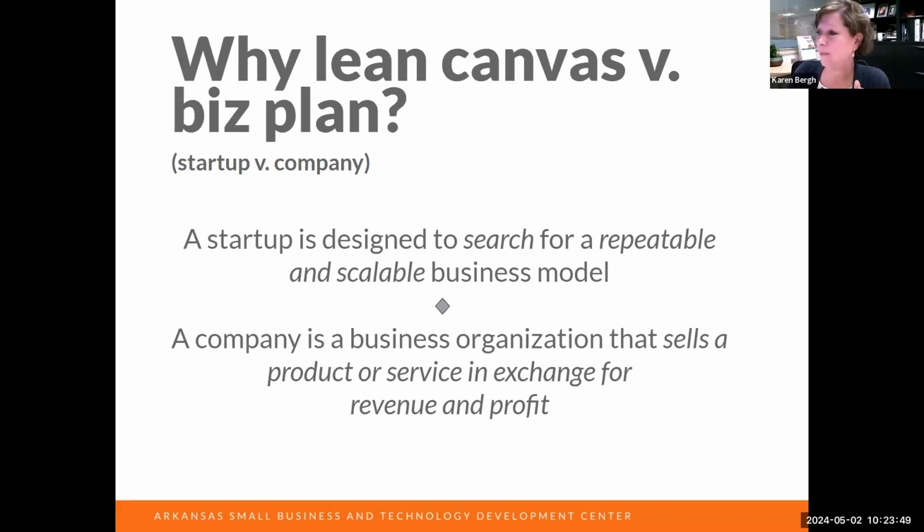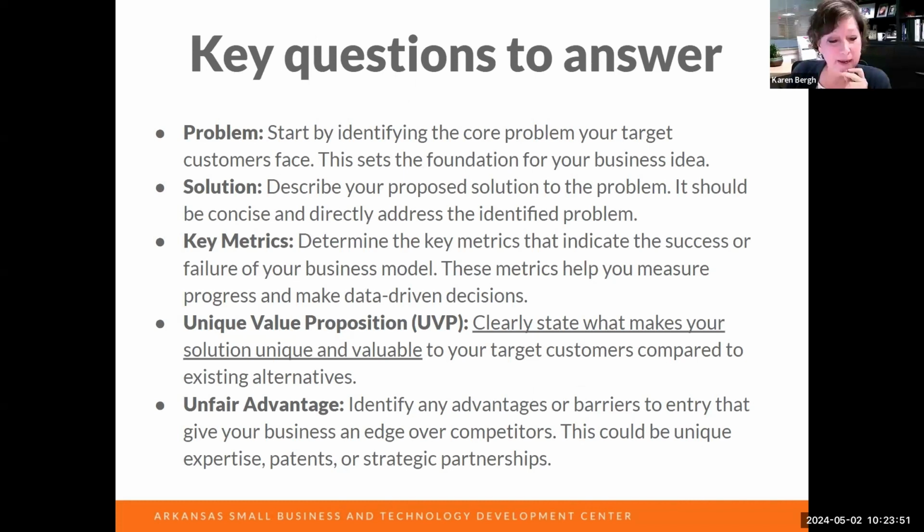I know I'm belaboring that point, but now I will run you through, and I'll show you the visual in a minute. These are the questions that the Lean Canvas piece of paper asks you to answer. Obviously the problem, because if you have a solution, you are looking to solve a problem that a group of customers face.